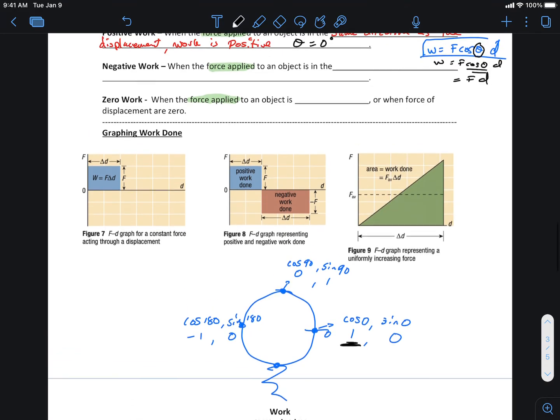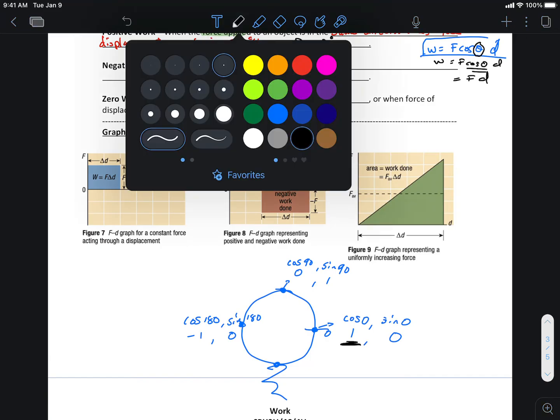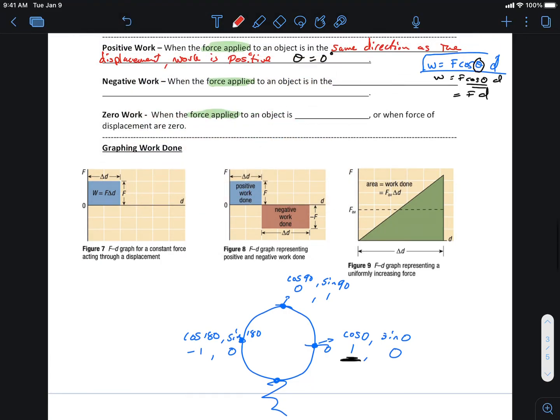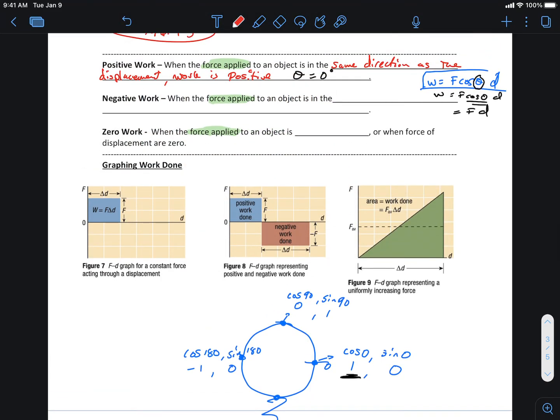Okay? Negative work happens. This is me trying to add extra layers for you guys to understand and memorize this, or at least conceptually lock it into your head. I added this this morning. Negative work is when the applied force is opposite to the direction of displacement. We just learned that.